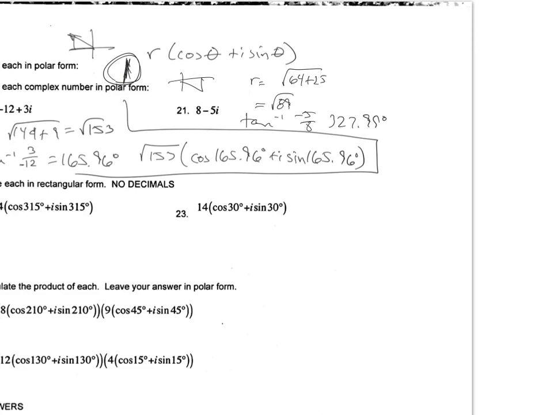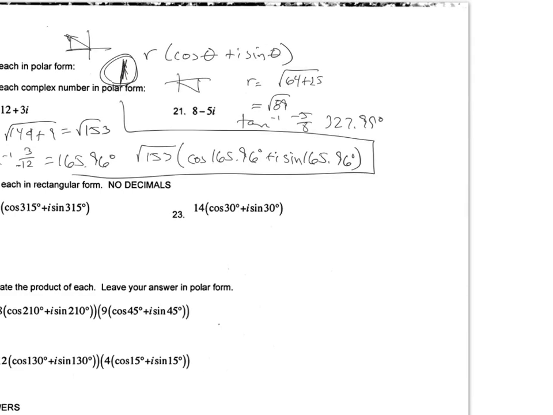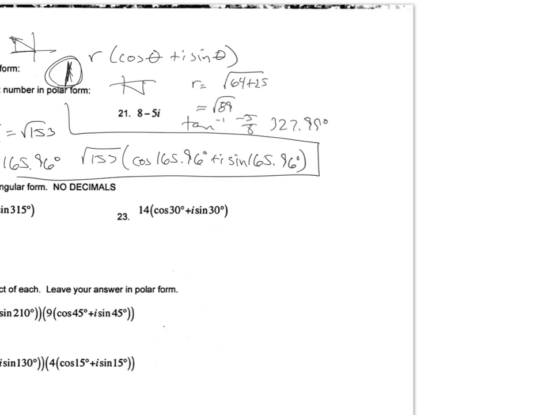So when we go to write this one, the numbers are so long. We're going to have radical 89, and then in parentheses, cosine of 327.99 plus i sine of 327.99.